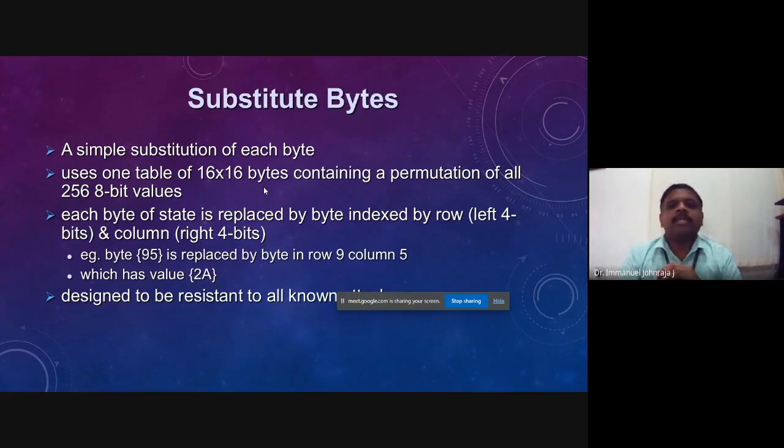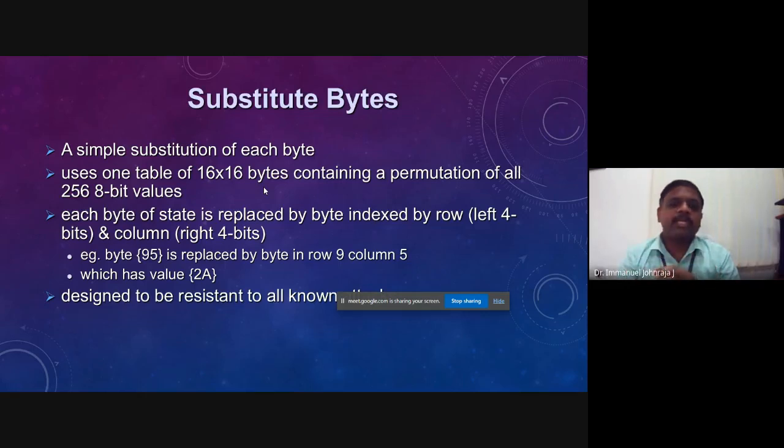Something very similar to that we go for in the substitute byte S box. Each byte is replaced by the byte indexed by the row, which means the left 4 bits of the input are taken to identify the row. The right 4 bits are used to identify the column. So you go for the row, you go for the column, and these two intersect at a particular place.